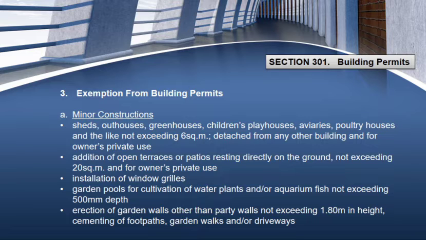And lastly, erection of garden walls other than party walls not exceeding 1.80 meters in height, cementing of footpaths, garden walks, and/or driveways. So the following stated in this slide are the works that are exempted from building permits.